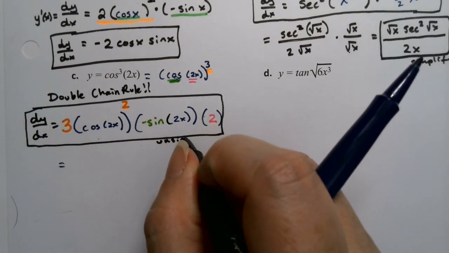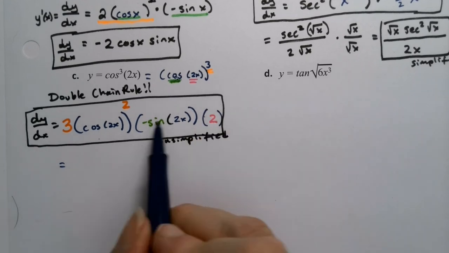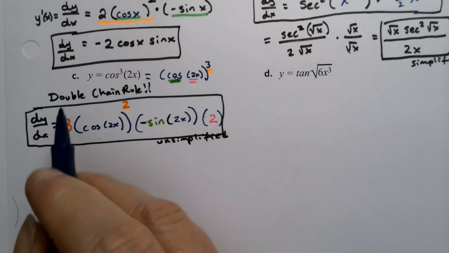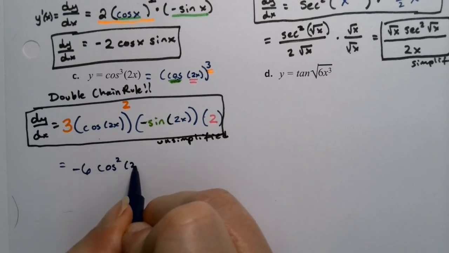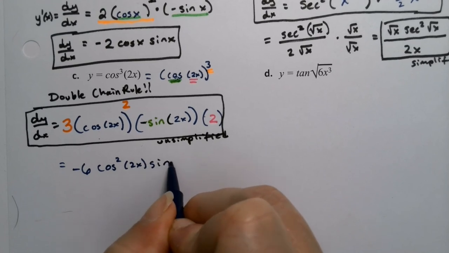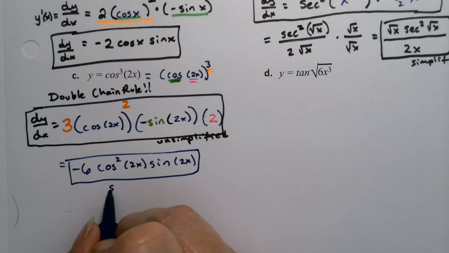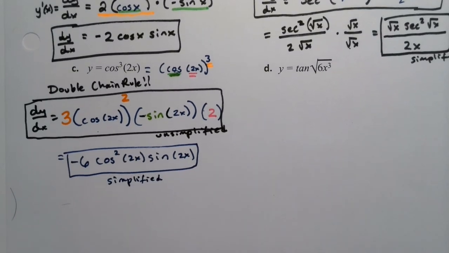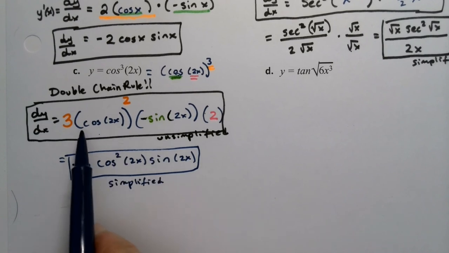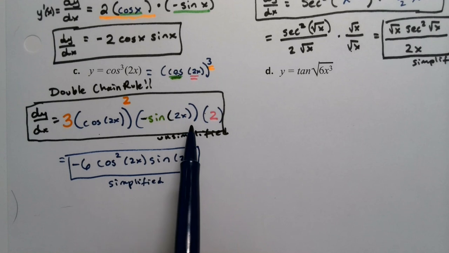Simplified, well, there's not much really to simplify, but I could put the negative, the 2 and the 3 together and make it -6 cosine squared of 2x times sine of 2x. Just remember, if you're asked to leave it unsimplified, then I really want to see this string. I want to see the pattern written out. So just write it out and leave it there.